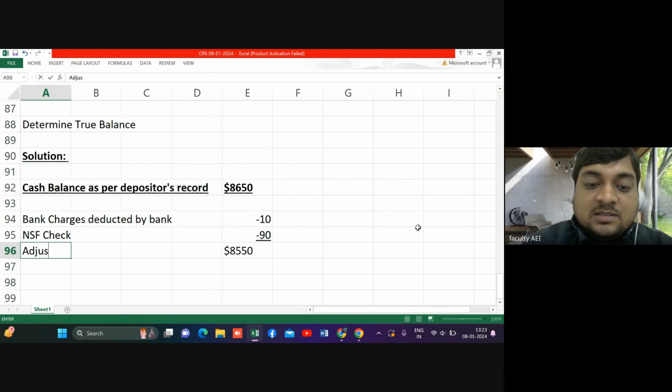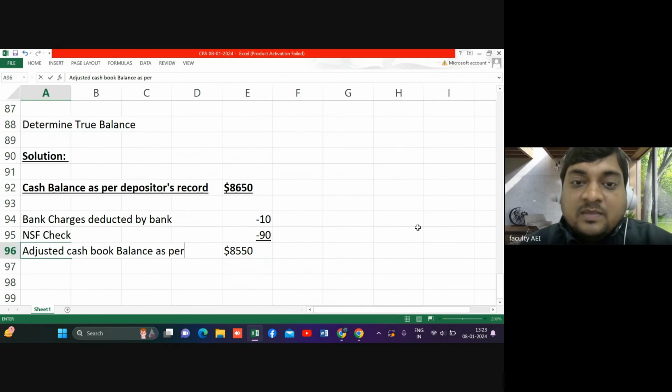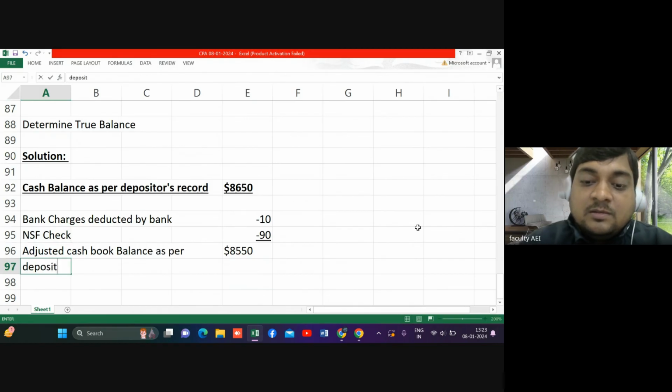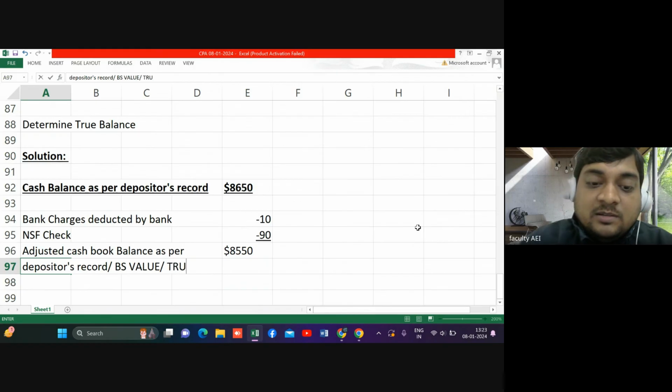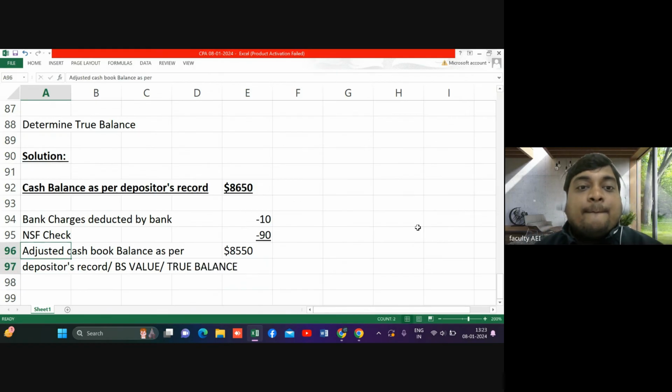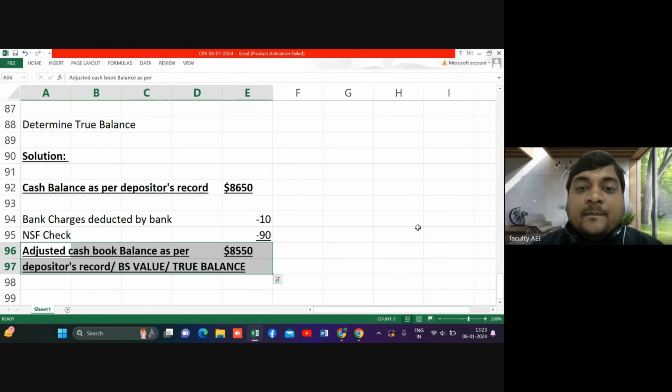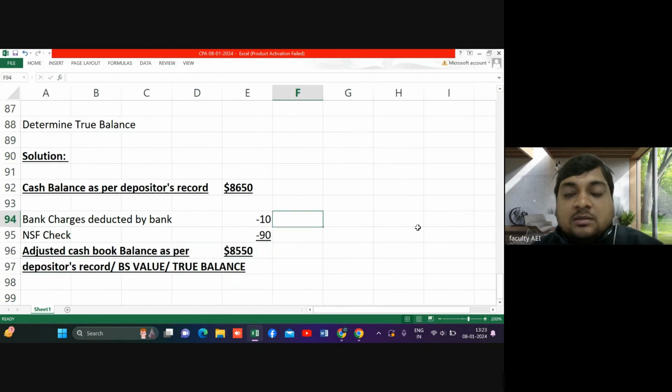So this is the adjusted cash book balance as per depositor's record, the balance sheet value, the true balance. This is what we are going to show in balance sheet.